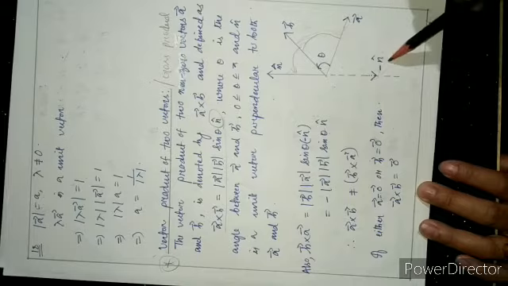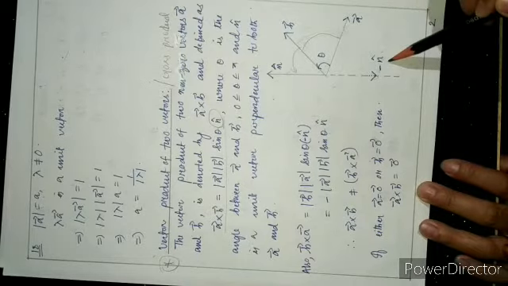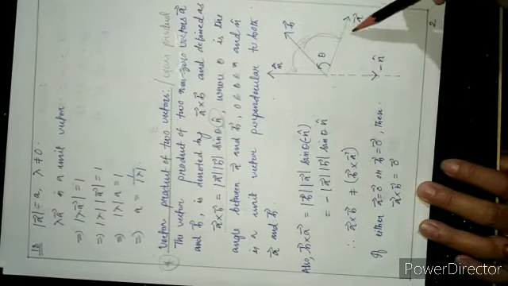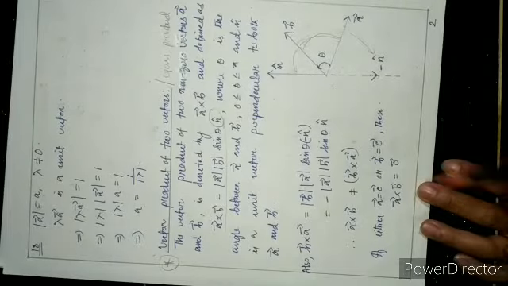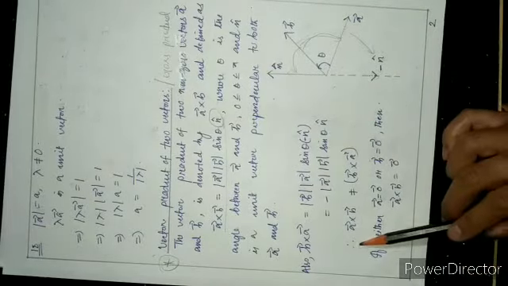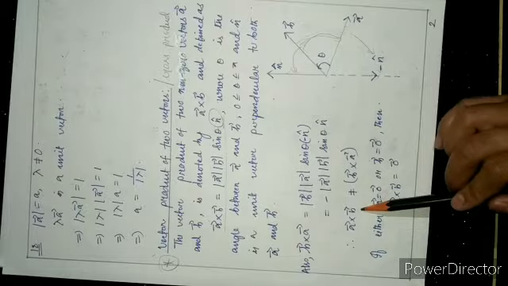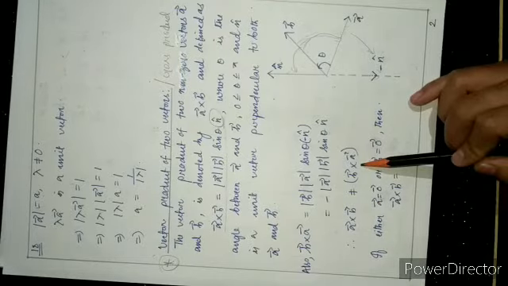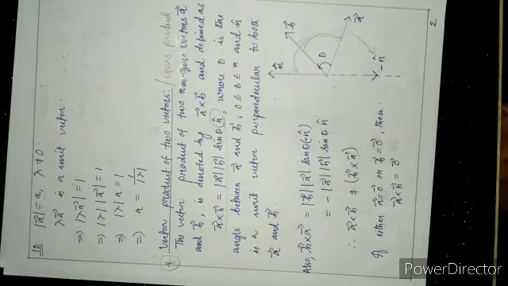The direction is minus n cap, so the minus sign comes in. Therefore A vector cross B vector is not equal to B vector cross A vector.